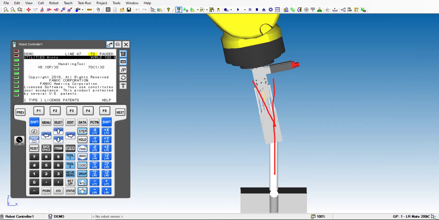We need to rotate from this direction to here, and if you understand the X and Y relation I just drew, you should know this is rotation around Y, right? It's really hard to draw that on a 2D diagram, right?